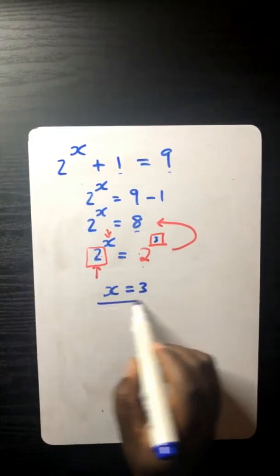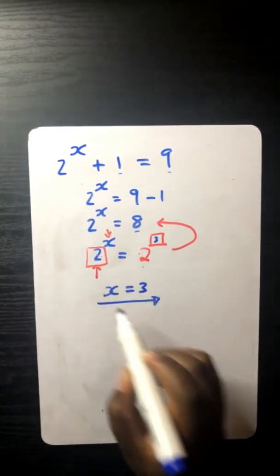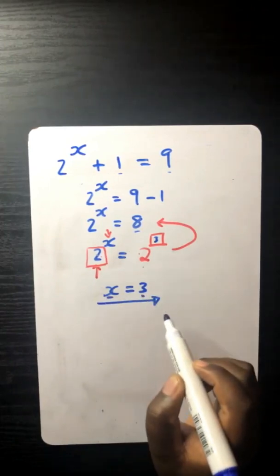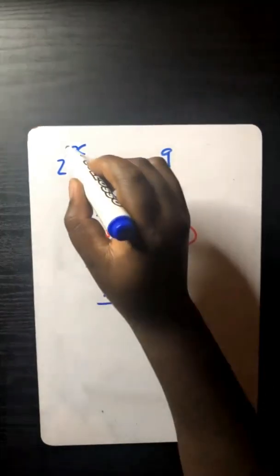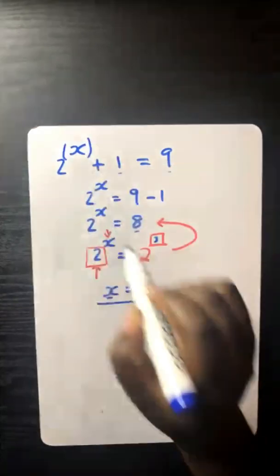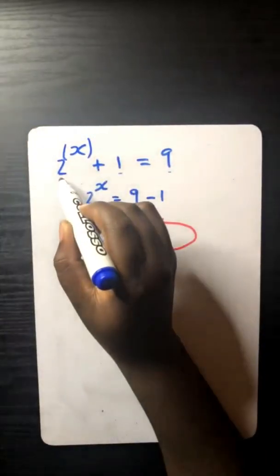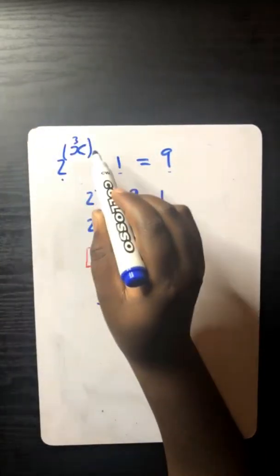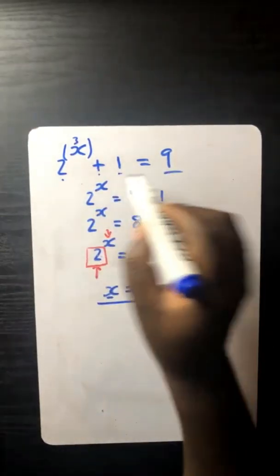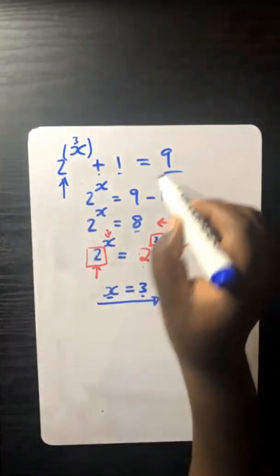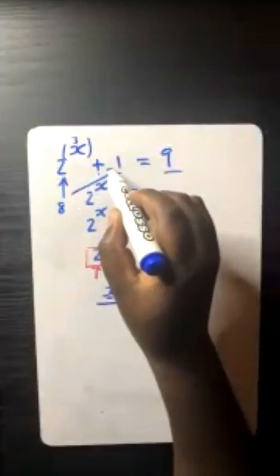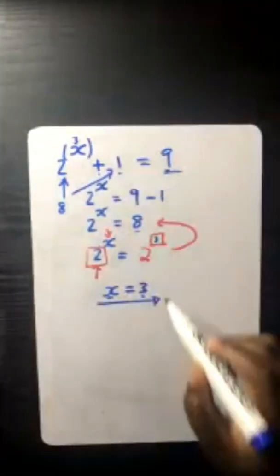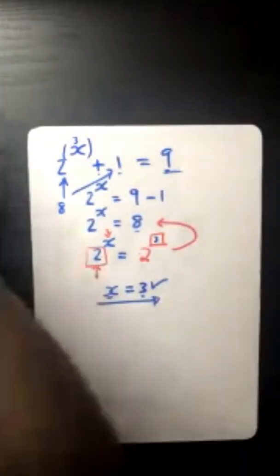So x is equal to 3, it ends there, which means if you substitute 3 there and say 2 to the exponent 3 plus 1, it must give you 9. This is 8, then plus 1, it's 9, which means 3 is correct. So obviously, that one made sense, isn't it?